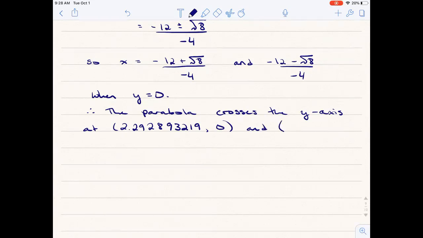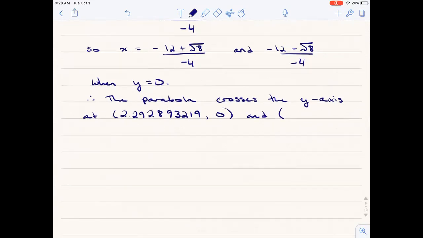And same deal, negative 12 minus the square root of 8 divided by negative 4 as a decimal is 3.707106781, when y is 0.